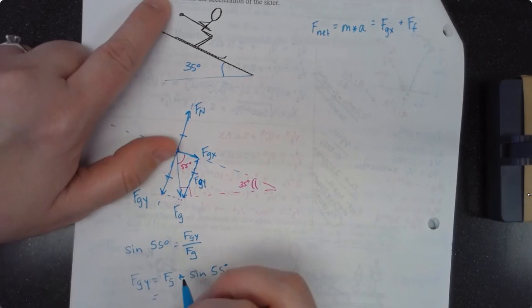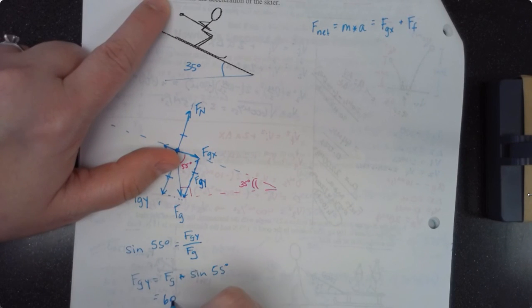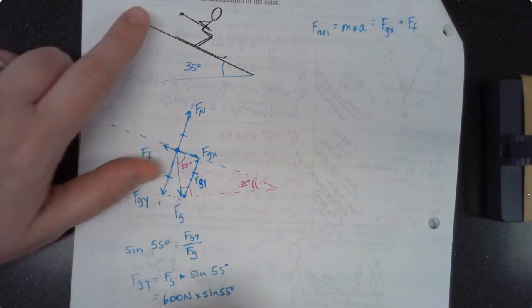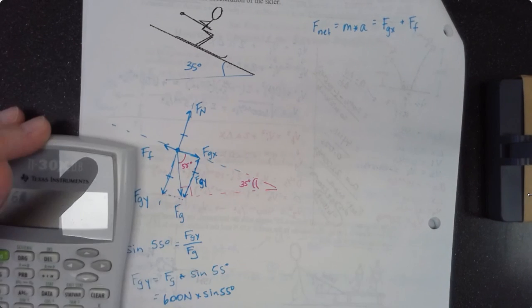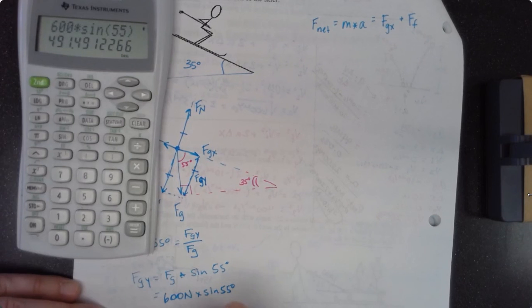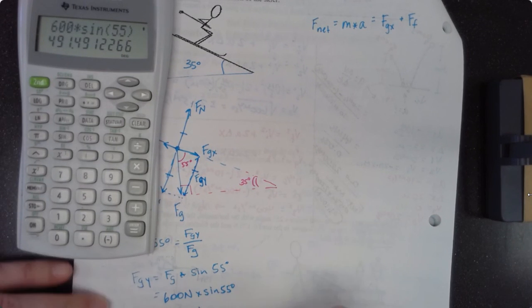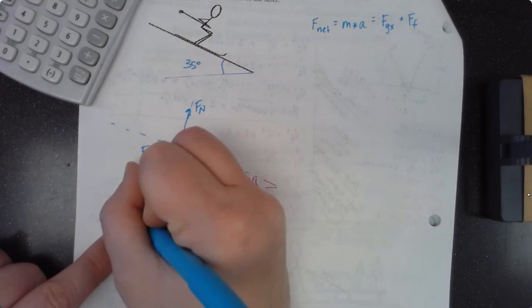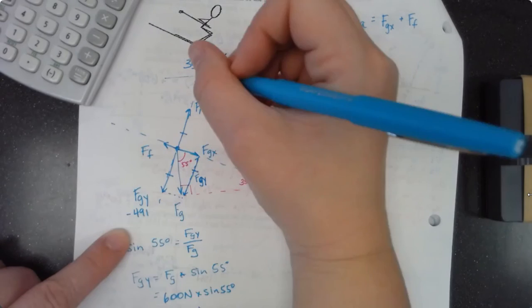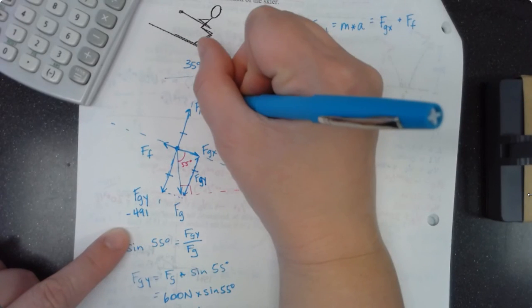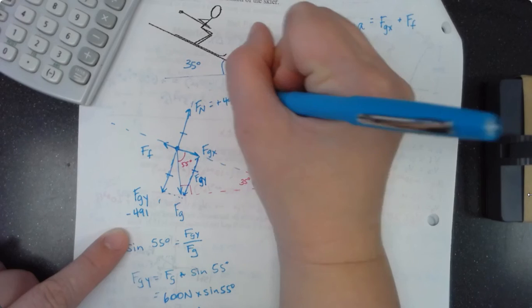For a 60 kilogram skier, I'm looking at 600 newtons for FG times the sine of 55 degrees. So I got 491 newtons for that. Minus 491 there, which means normal force is going to be positive 491 newtons.